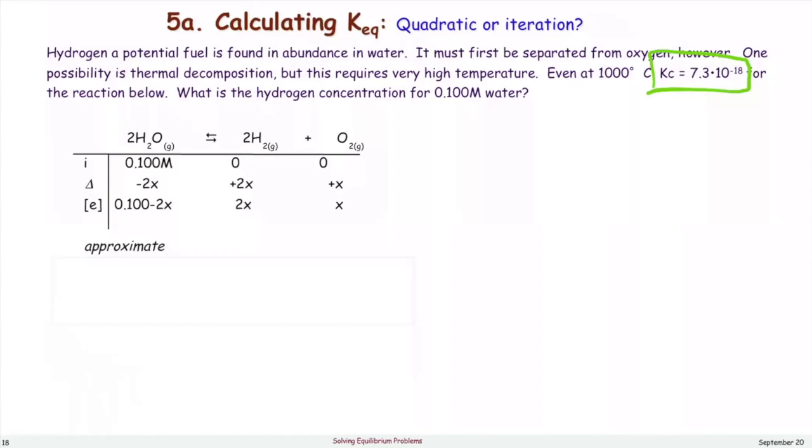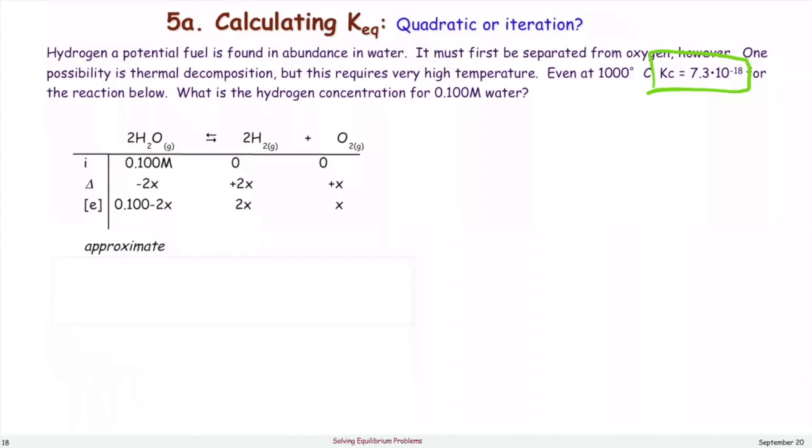We don't have any hydrogen gas produced. We don't have any oxygen gas produced. But in the course of the reaction, for every 2 molar water that is used, you get 2 molar hydrogen gas and 1 molar oxygen.